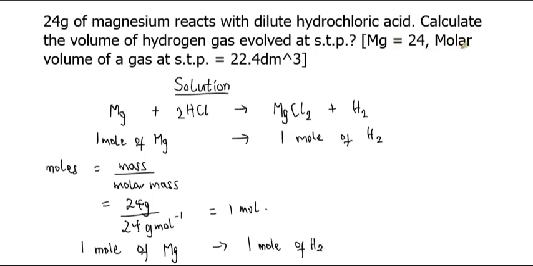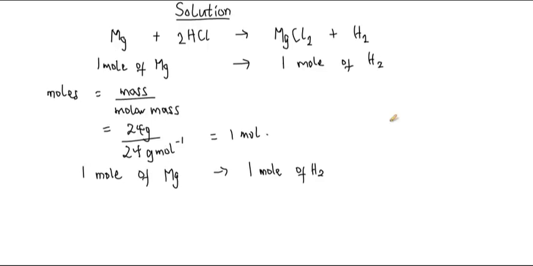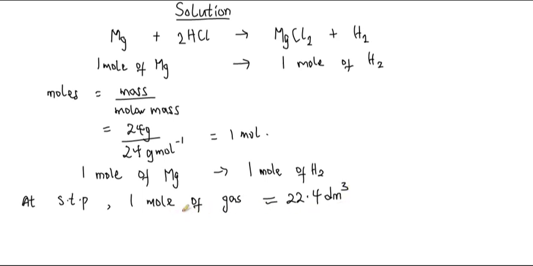Here we are given the molar volume of a gas at s.t.p to be 22.4 dm cube. So how do we make use of this? The molar volume of gas being 22.4 dm cube simply means that at s.t.p, 1 mole of gas contains 22.4 dm cube. The volume of 1 mole of a gas is 22.4 dm cube. Let's put it that way.